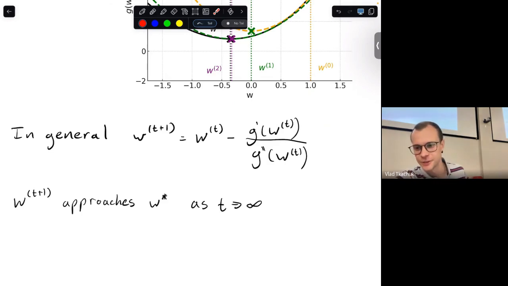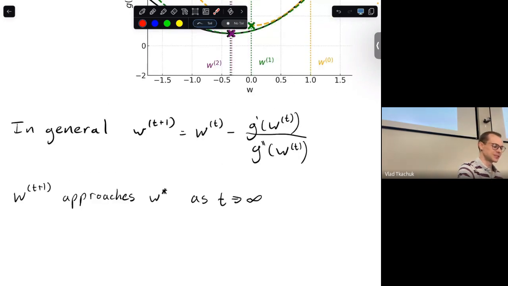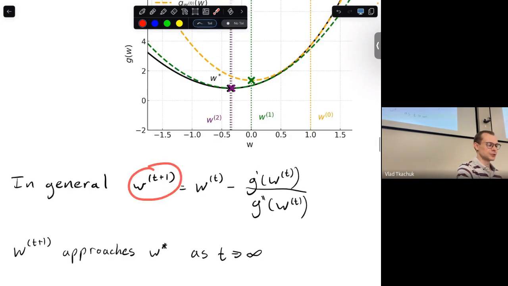Another question: how does W_{t+1} approach W star as t goes to infinity? Wouldn't it go to a value close to W star? This is just a point on the W axis, and that point is getting closer and closer to W star.